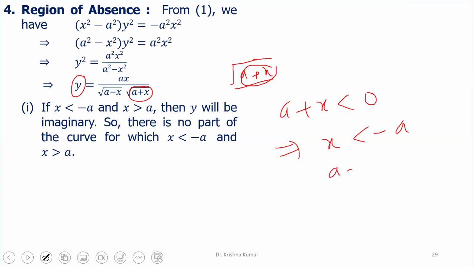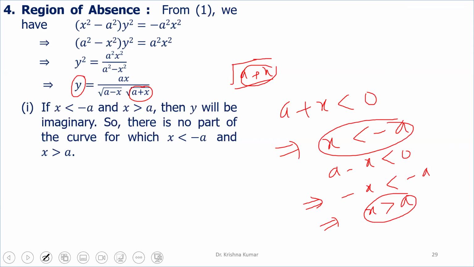Similarly, if a minus x is less than 0, it means that minus x is less than minus a, or if you multiply by the minus sign, x is greater than a. So if x is less than minus a, then y will be imaginary. Similarly, if x is greater than a, then also y will be imaginary. So there is no part of the curve for which x is less than minus a or x is greater than plus a.